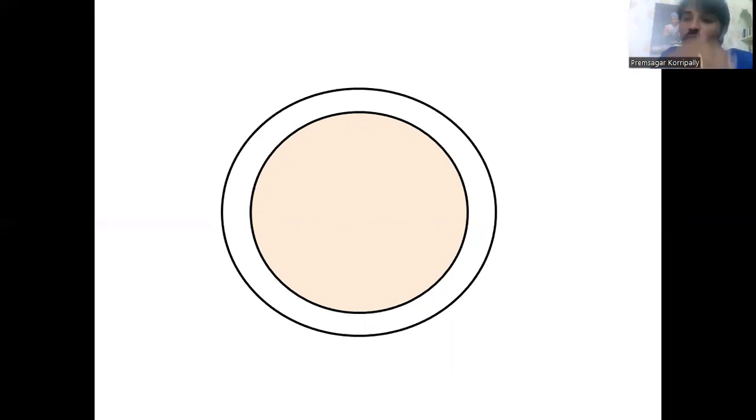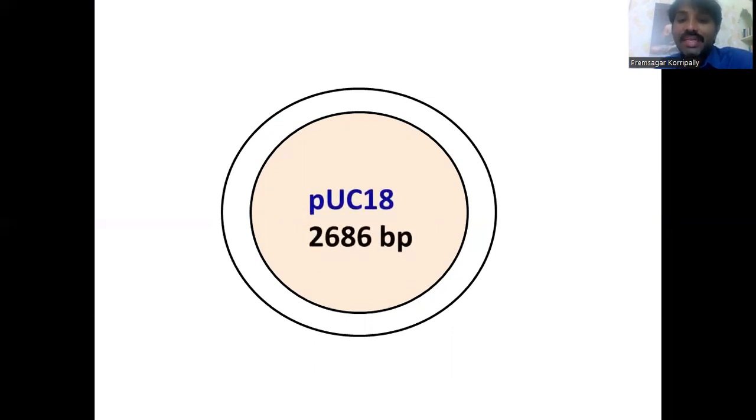It's a closed circle, an extrachromosomal, double-stranded DNA molecule, which is called a plasmid. This is an artificial plasmid, pUC18. The size of this vector is 2686 base pairs, the smallest vector for cloning purposes.